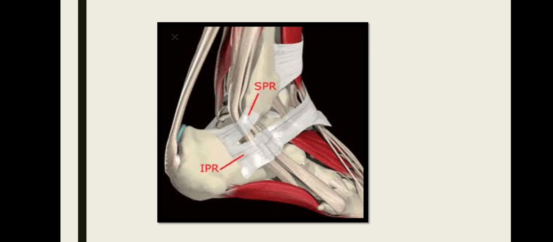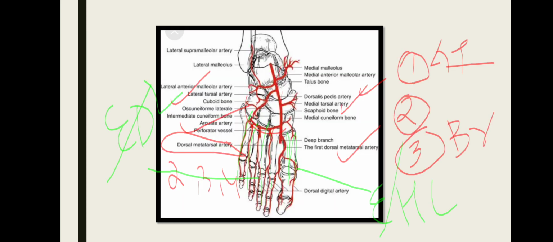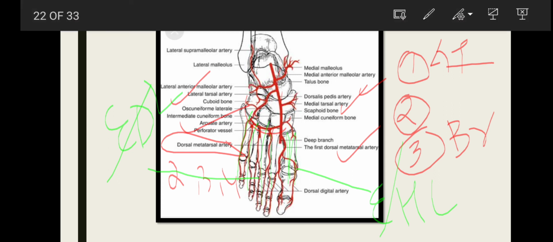One more thing to say here is on pulsation of the dorsalis pedis artery. Where do you feel the pulsations? This is very, very important. Pulsation is felt between the tendons of extensor hallucis longus and extensor digitorum longus. So you have to specify between the tendon of extensor hallucis longus and the first tendon of extensor digitorum longus.